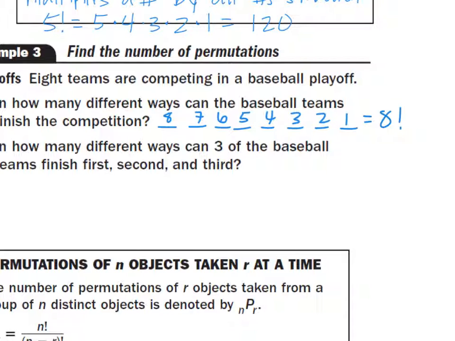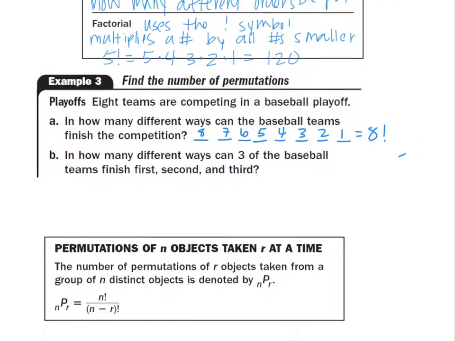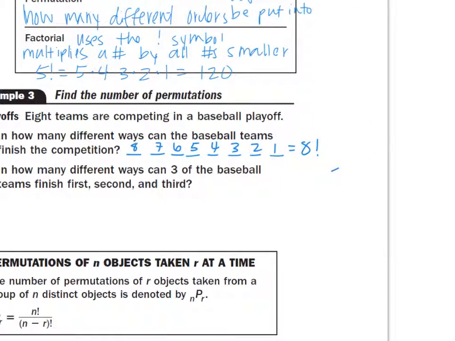So if you want to use the factorial button, where you can find that on your calculator is in the math menu. So hit the math button, then go over to probability. Then you should see a button with an exclamation point.